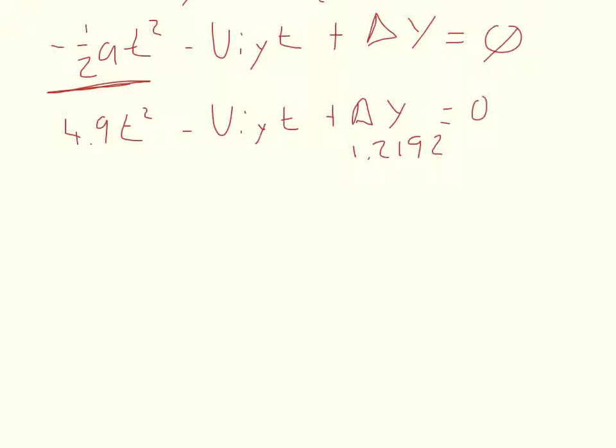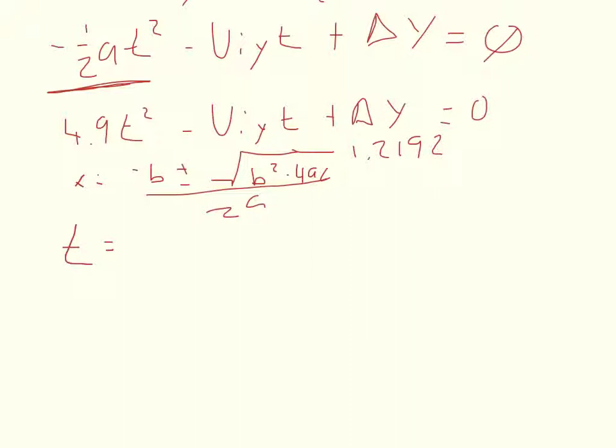And so we're going to solve for t by using the quadratic formula. The quadratic formula says that x is equal to negative b plus or minus the square root of b squared minus 4ac, all over 2a. So we take all the corresponding points.